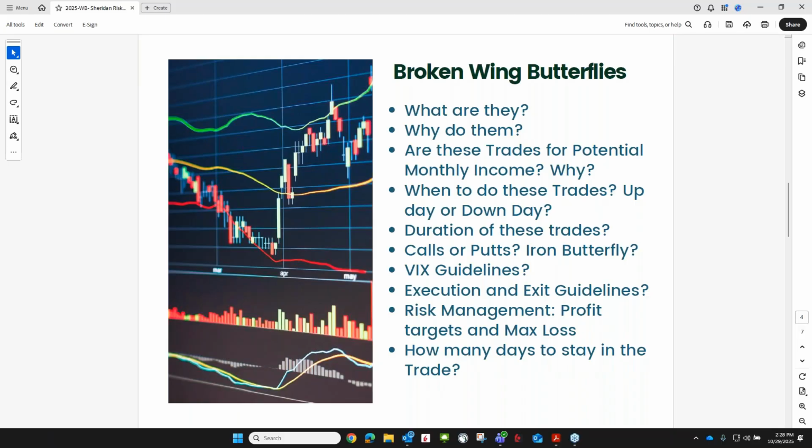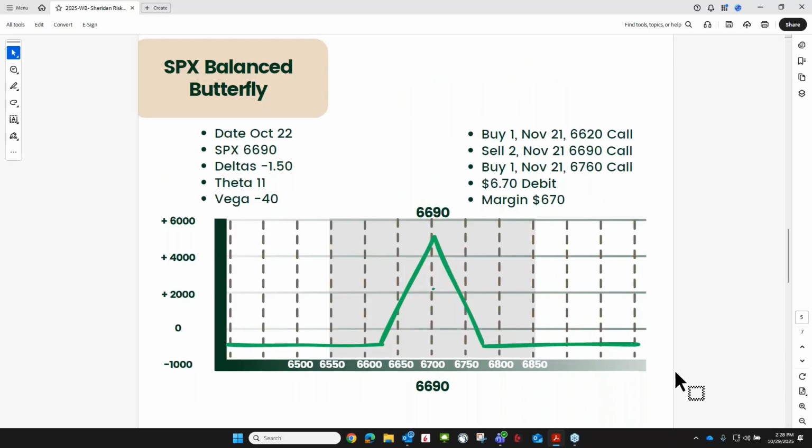Again, one other thing: in the example we had today on the balanced butterfly, the distance from the short to each of the longs is 70. If you're a beginner trader, instead of doing it 70 wide, make the distance from your short to your longs 40 wide or 50. Why, Dan?